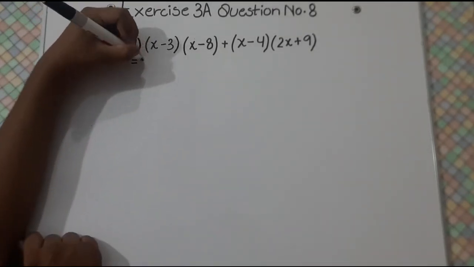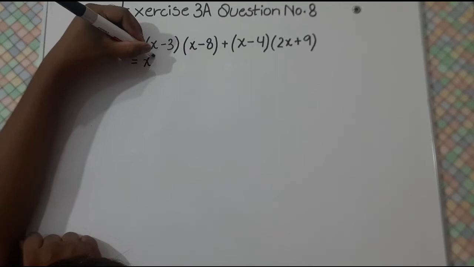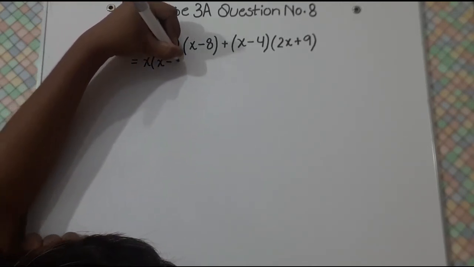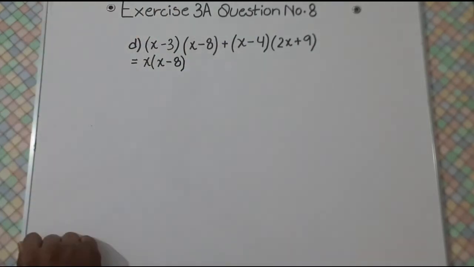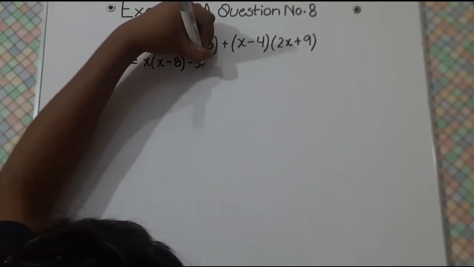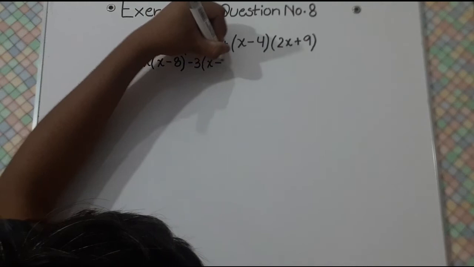So we are going to write x with x minus 8. Then we are going to write minus 3 with again x minus 8.